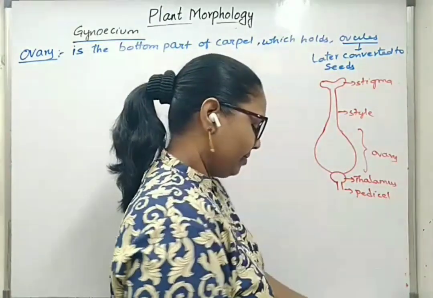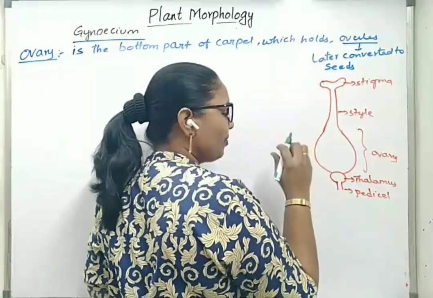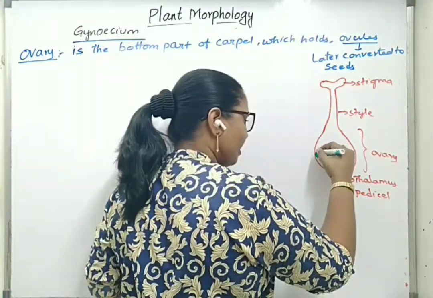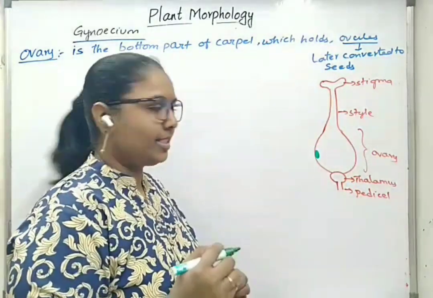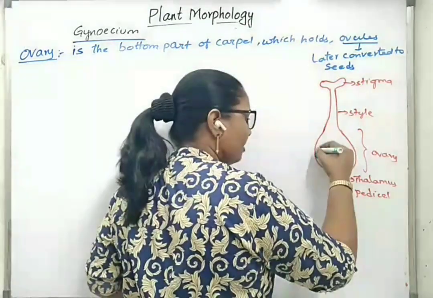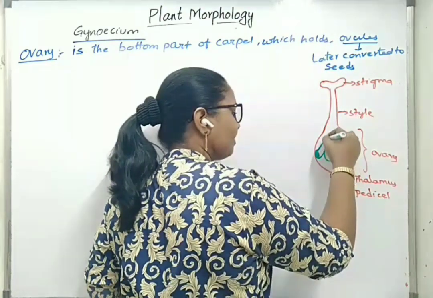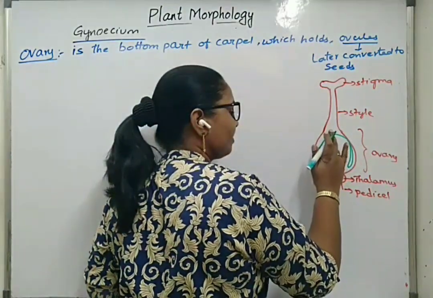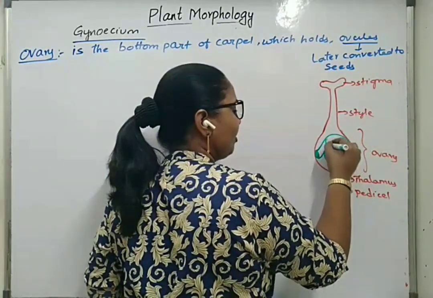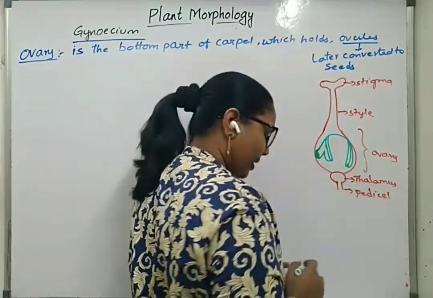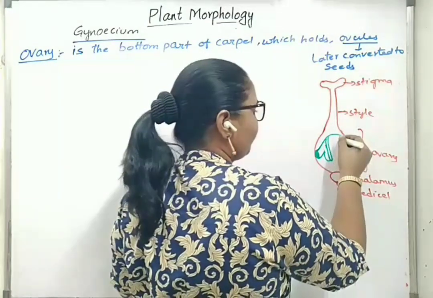In case of the ovule attachment, we'll draw the detailed structure of one single ovule. Ovule means the early stage of seed before fertilization. Typically we draw two integuments, and inside the ovule there will be embryo sac.